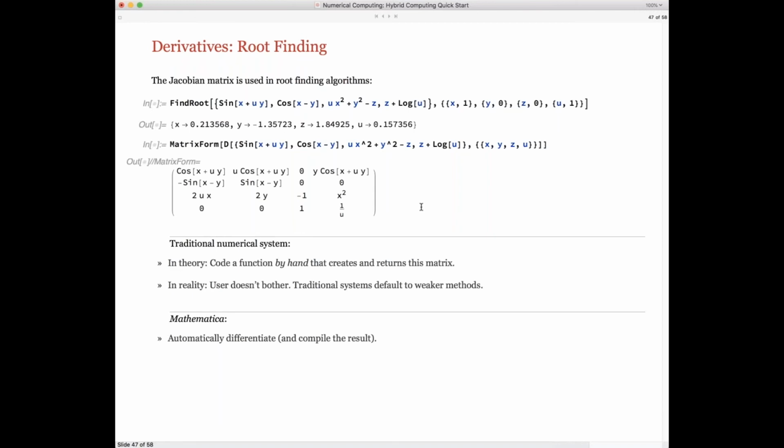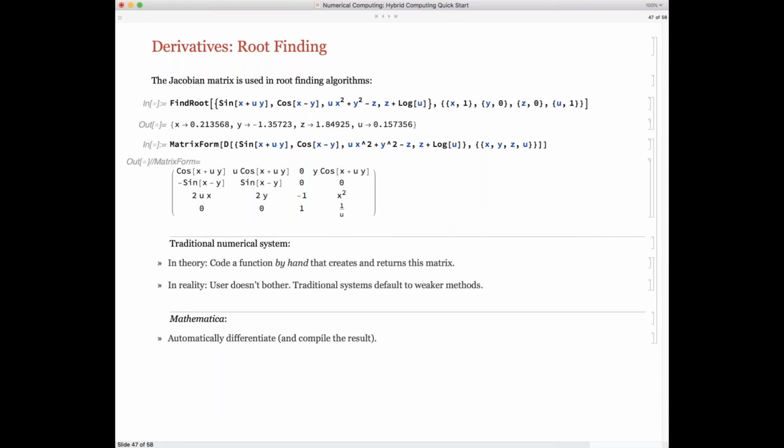That's the theory. But in practice, most of the time, the user isn't going to bother going to those lengths, especially when they are in the early stages of developing or exploring new ideas. And this means that in practice, gradient information is usually not available in a traditional numerical system. And you'll find that these systems normally rely by default on less powerful generic methods that don't require any information about the derivatives of the input function.